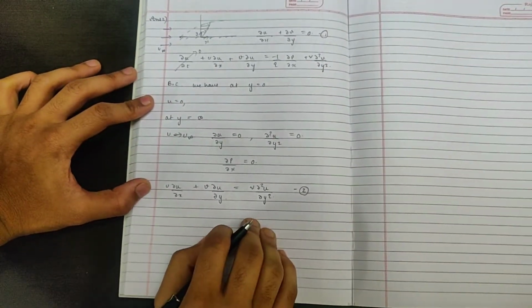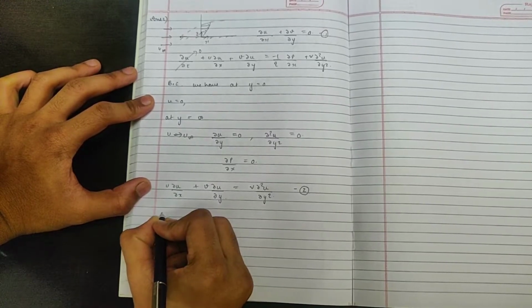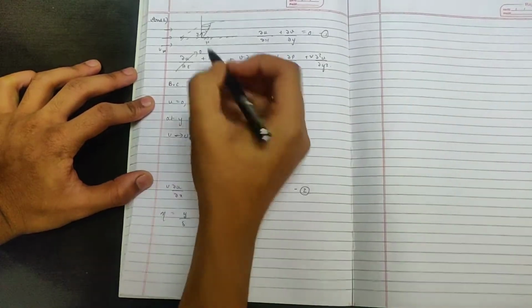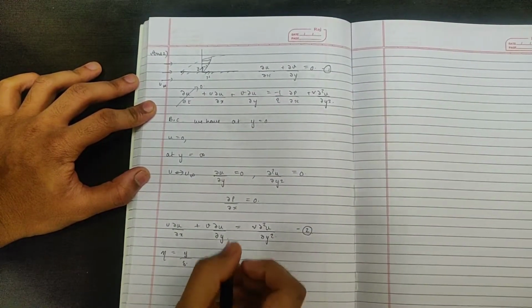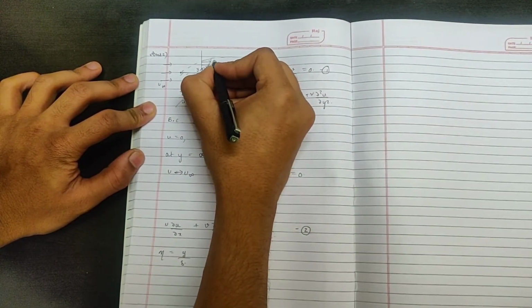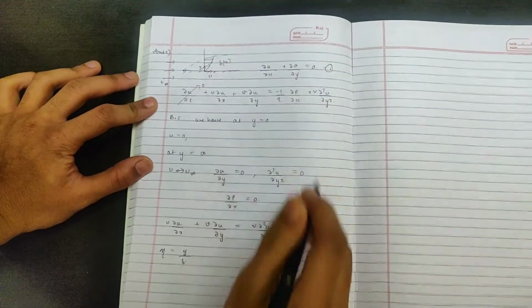So if we seek a similarity solution, so we can write eta as y by delta. Here delta represents the growth of the boundary layer as we move in the horizontal direction. So the growth in the vertical direction is represented by delta, and we assume it as a function of x.